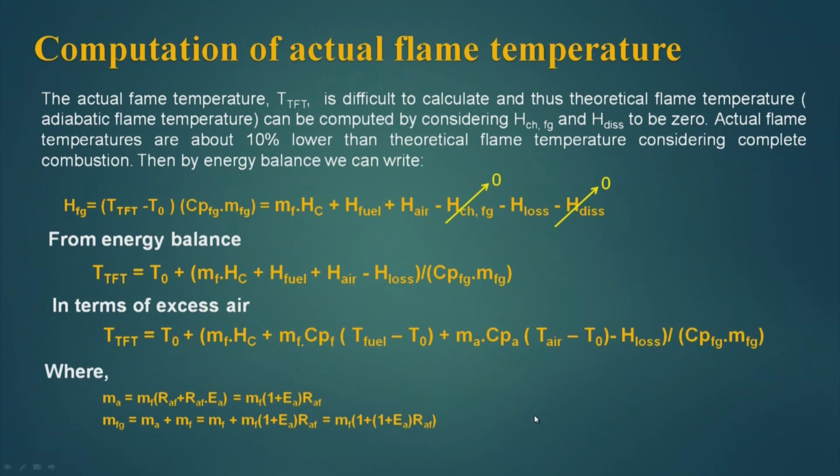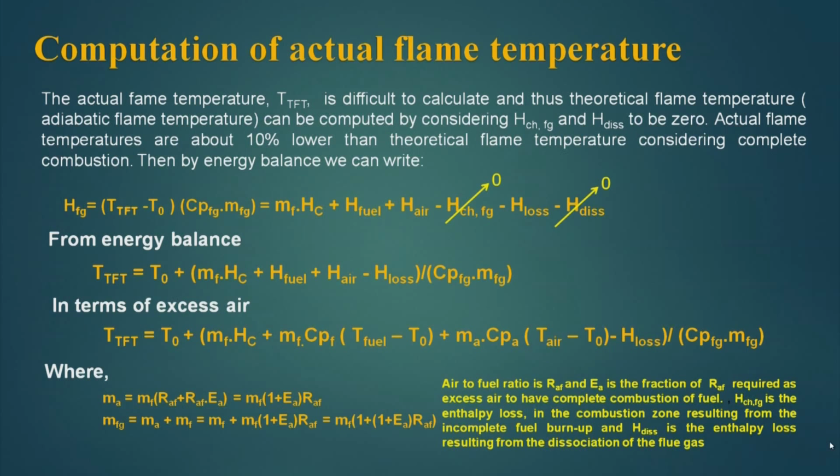The air to fuel ratio is RAF and EA is the fraction of RAF required as excess air to have complete combustion of the fuel. H_CHFG is the enthalpy loss in the combustion zone resulting from incomplete fuel burn-up, and H dissociation is the enthalpy loss resulting from the dissociation of the fuel gas.